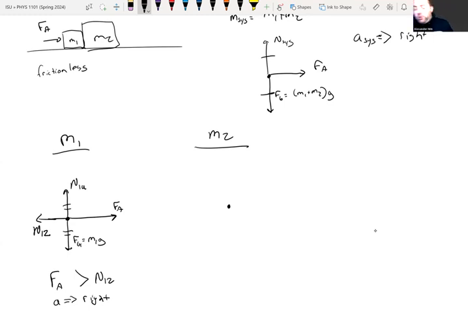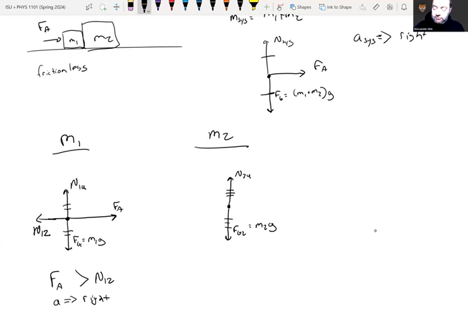From there, this next one would be FG2, and that's equal to M2 G, which we don't know what that is, but it's different than the other ones. And then we have a normal on box 2 in the upward direction, and those two are equal.